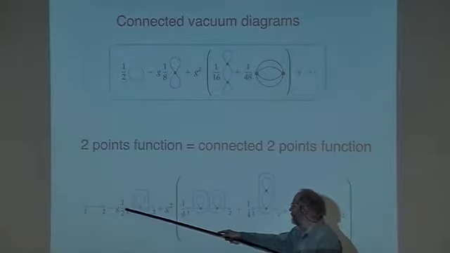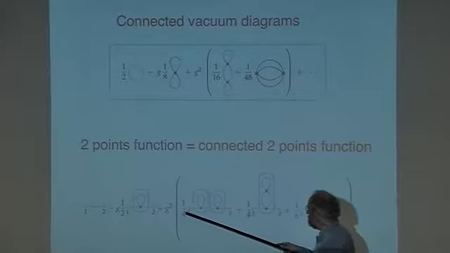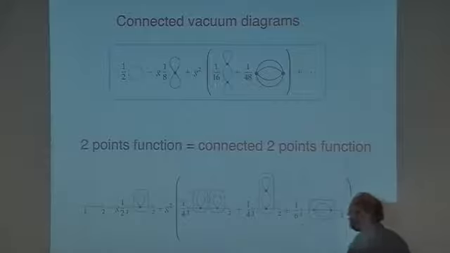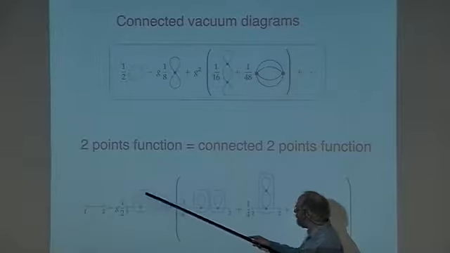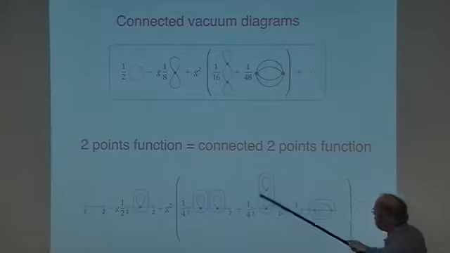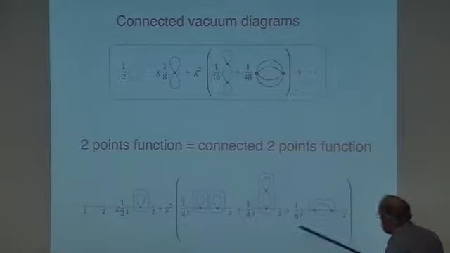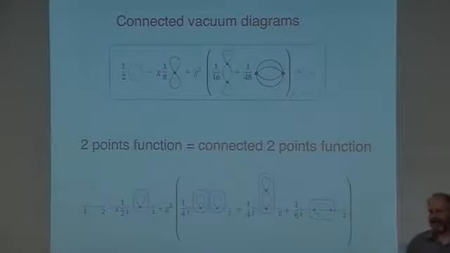So you have a line of propagators joining 1 to 2 here, and along this line are grafted some diagrams. This one is a tadpole diagram, here you have two tadpole diagrams. Here you have a bubble to which is attached a tadpole diagram, and here we have a diagram with 3 legs.